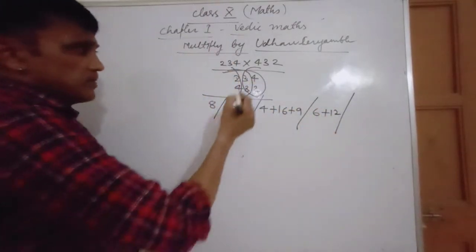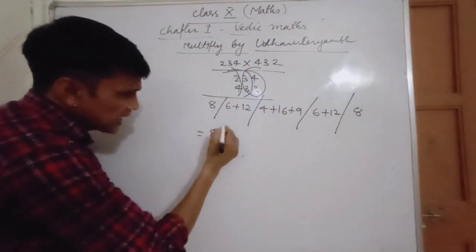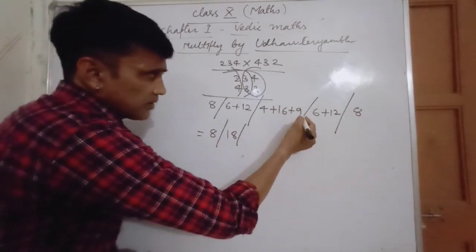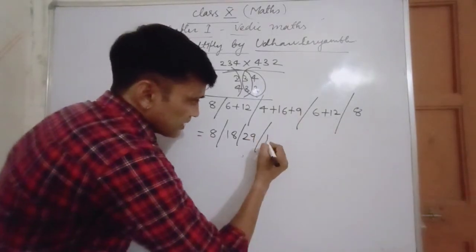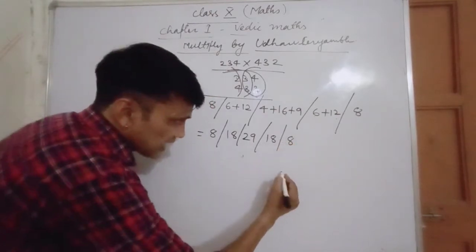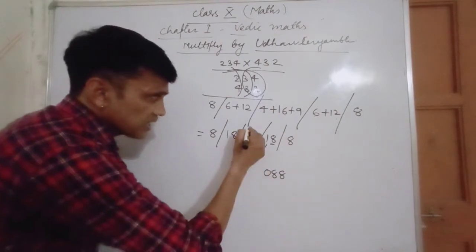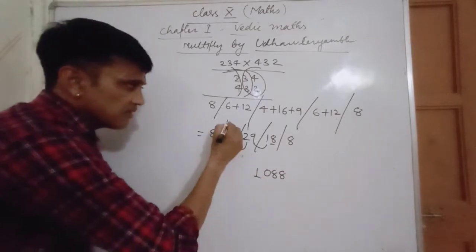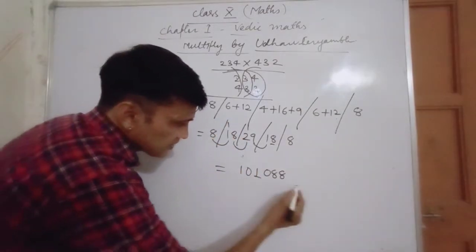Now last column, 4 2s are 8. Add all: 8; 6 plus 12 is 18; 16 and 9 is 25, plus 4 is 29; 6 and 12 is 18; and 8. Single digit here, so write 8 here, again 8 here, 1 and 9 is 10, 0 written, 1 carried, 2 and 1 is 3, 3 plus 8 is 11, 1 carried, 1 and 1 is 2, 2 and 8 is 10 is the answer.